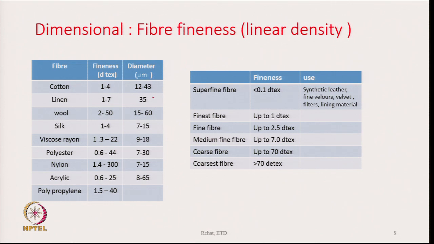For synthetic fibers or man-made fibers, the fineness can be varied, because here it is within our control. We can produce a particular fineness that we want. So, there is no problem there for man-made fibers, but for natural fibers, that sort of control is not there.